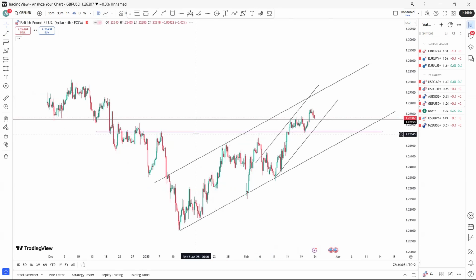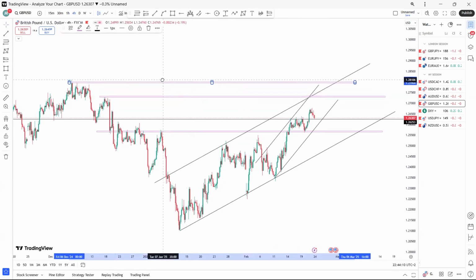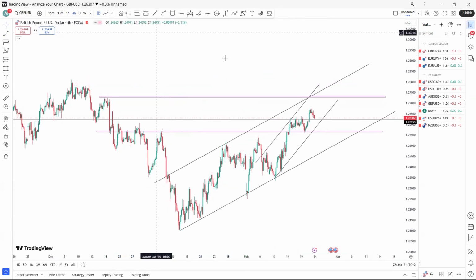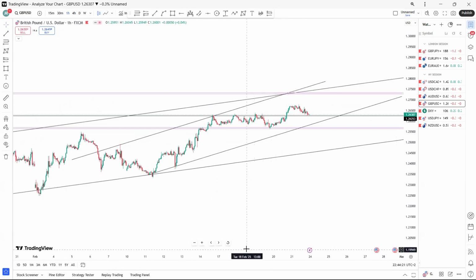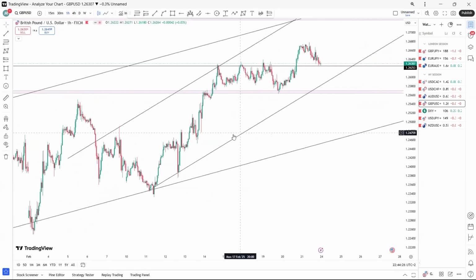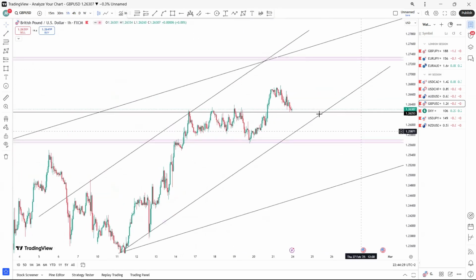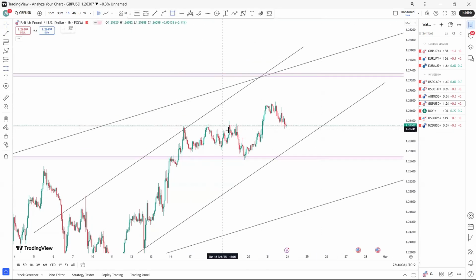Okay, let's mark out this area. Since we've broken our previous high, after breaking the high, we can actually expect bullish momentum to the upside on this one.